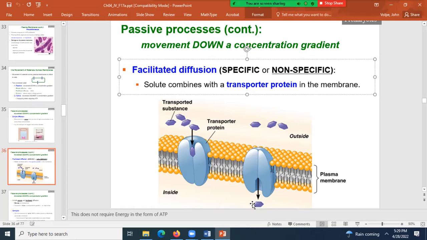Once the fructose inside the cell equals the concentration outside the cell, the net movement of fructose will not move. And so you'll never digest all the fructose. Okay? Because it only moves by facilitated diffusion using a transport protein. Facilitated diffusion can also happen with a channel protein, in which case there's a channel across the membrane.